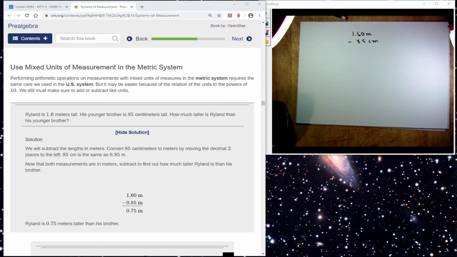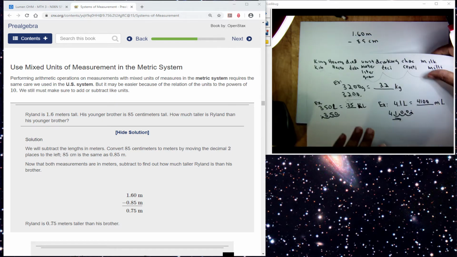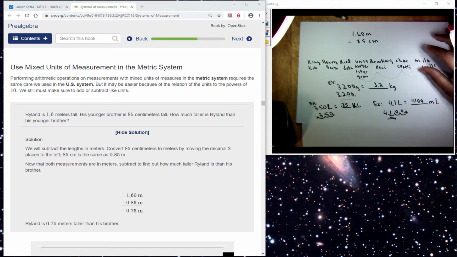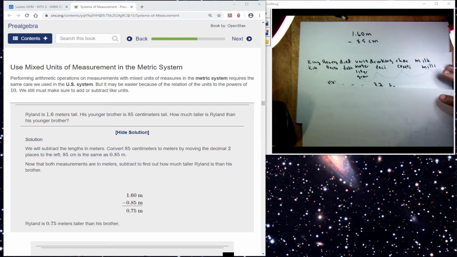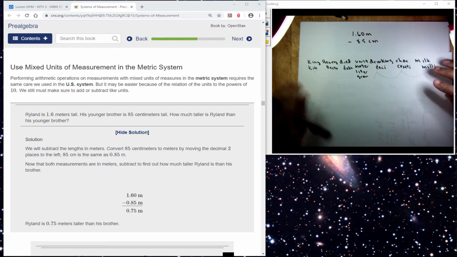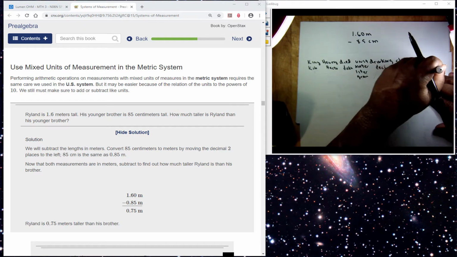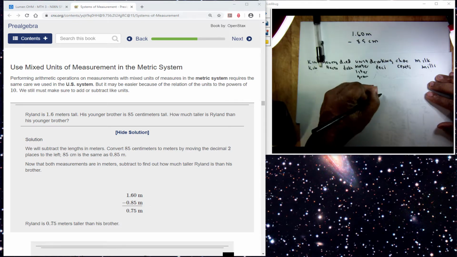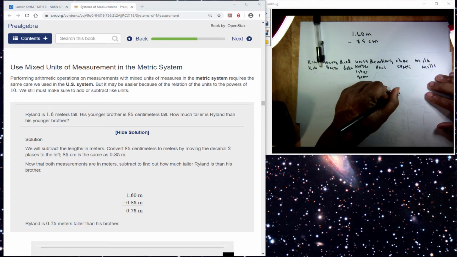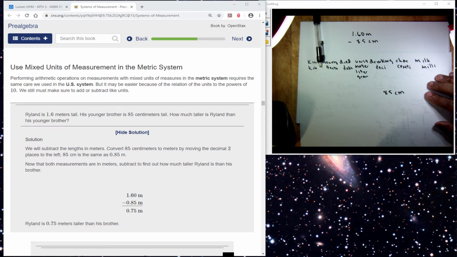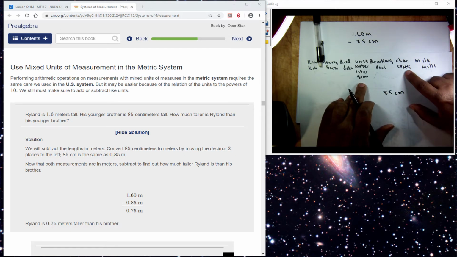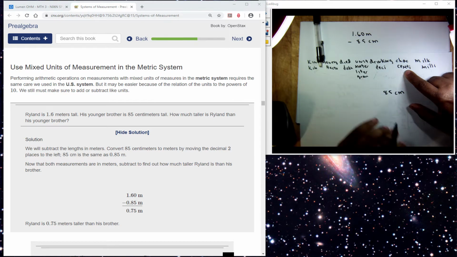We have to convert centimeters into meters. So when we do that, we can look at this little chart here. If we have 85 centimeters and we want to convert that into meters, how many jumps does it take to get to meters?